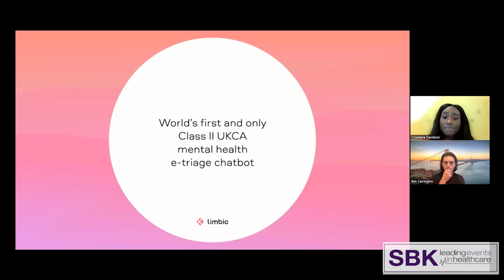So in summary, we're really proud to keep on reiterating that we're the first and only Class 2 mental health e-triage chatbot, and we're sure that new feature will support further service quality improvement and better clinical effectiveness as well. That's the majority of what we wanted to talk to you about today.